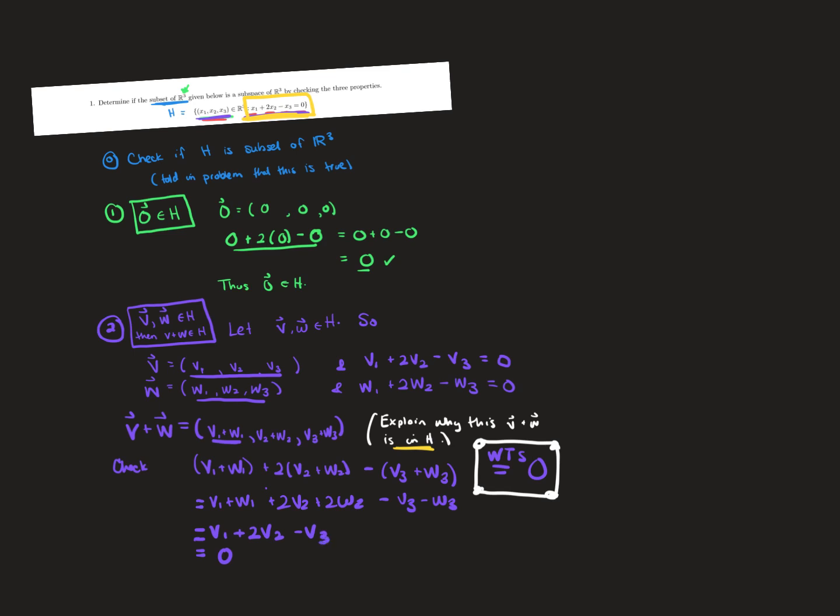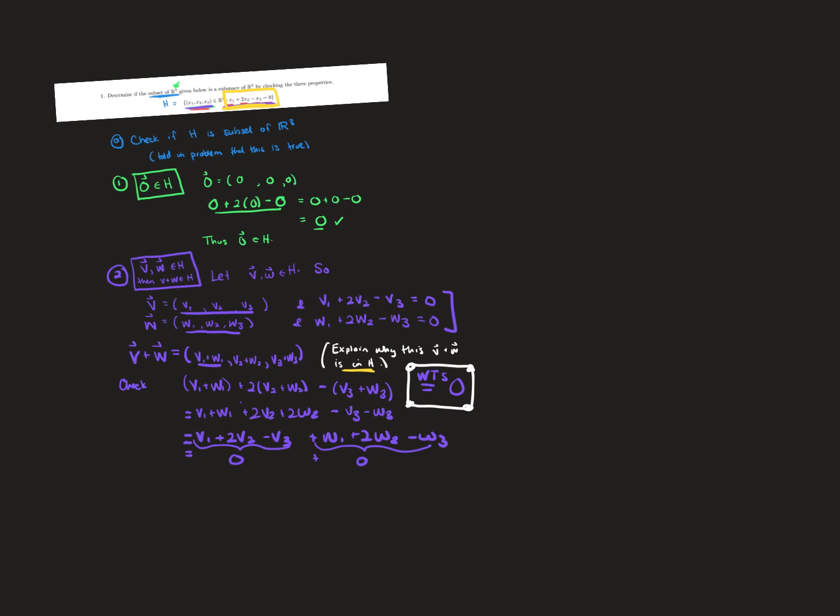So I've got all the v bits, and then I'm going to use my commutative property to put all the w bits next. And now I see that these 3 are going to be 0, plus these 3 are going to be 0. Those were my rules I had up above, and therefore we get that this equals 0.